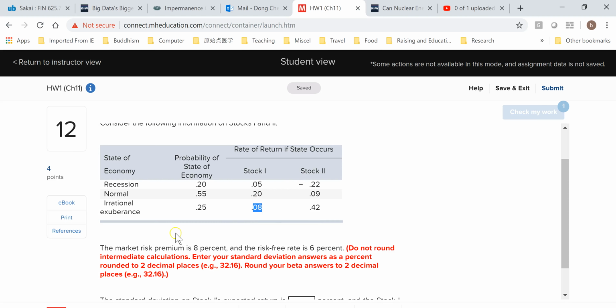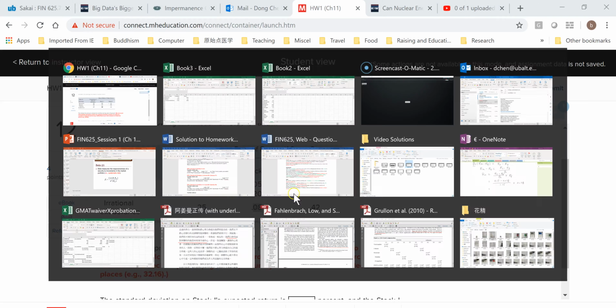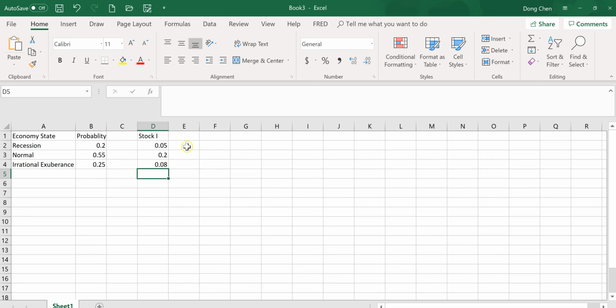It's maybe not a normal stock, right? Because normally we would imagine that the return will go up when the economy becomes more booming, but here actually it's not the case. But let's just copy down the numbers. So that's stock 1.